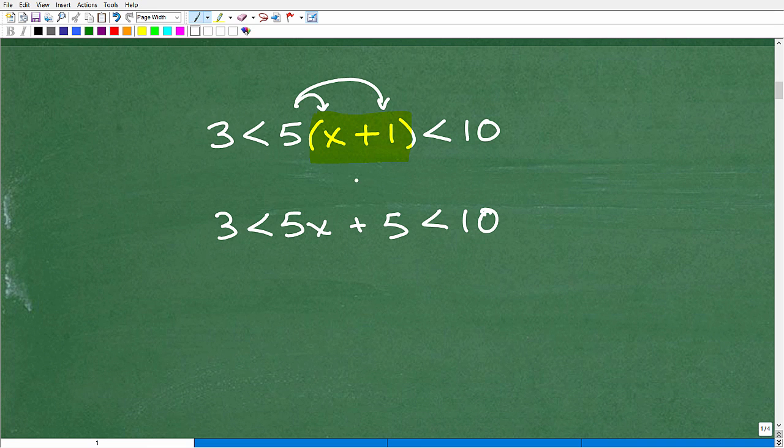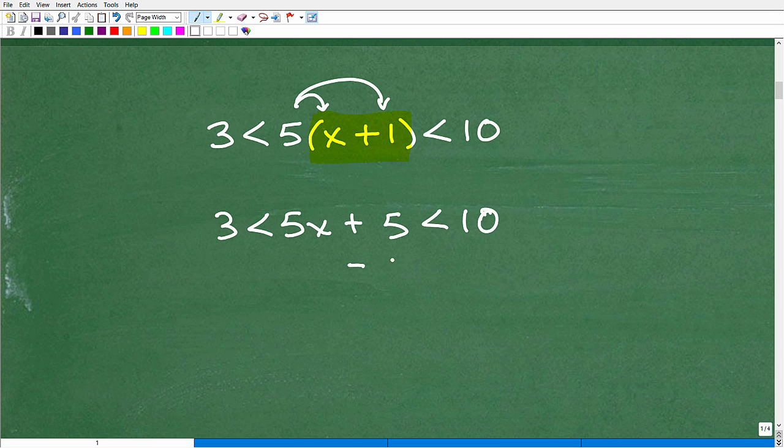Now, our objective is to get x in the middle, or we want to just get x by itself, kind of like solving for x. But I have to do things simultaneously here. So what do you think is going to be the first step I need to do? Well, if you were solving an equation, remember, you would have to deal with addition or subtraction of terms before you divide or multiply by anything.